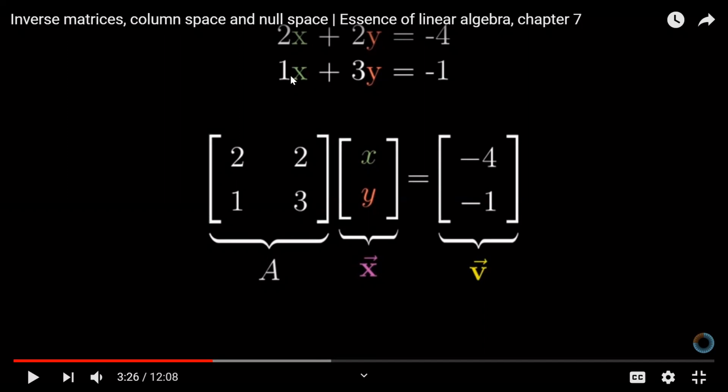Then in the next equation, the coefficient of x is 1 and the coefficient of y is 3. And now I put the unknowns x, y here, an equal sign, and then the constants, which we call b. But keep in mind that x and b are vectors, but A is a matrix.